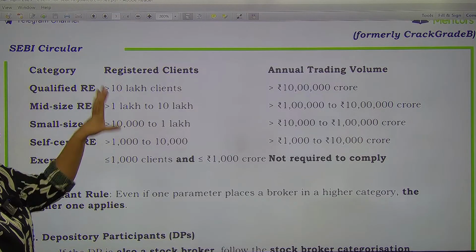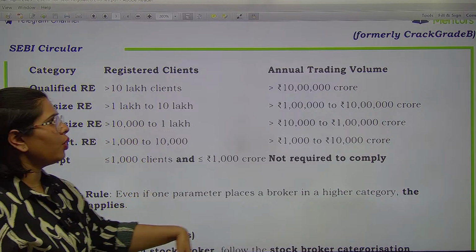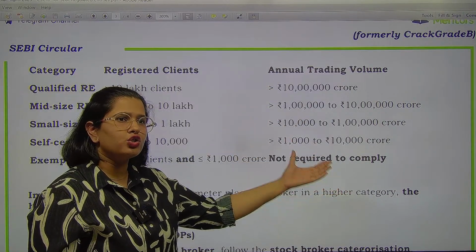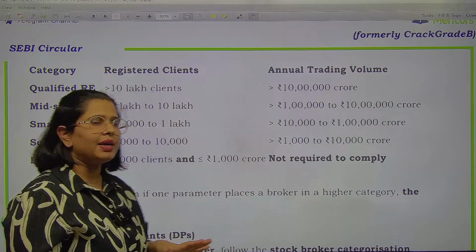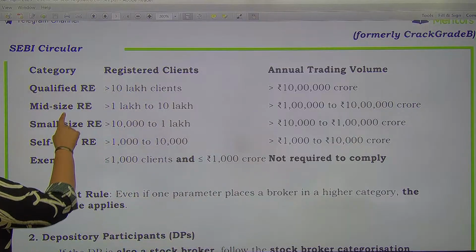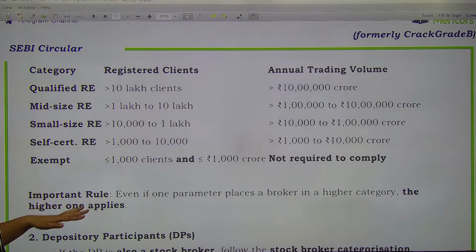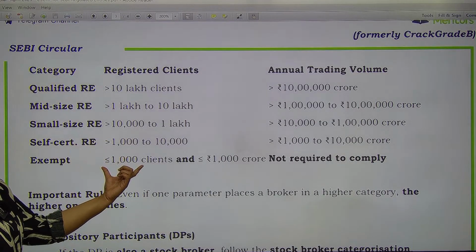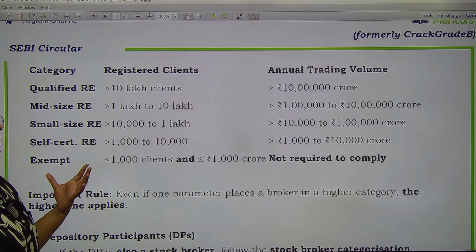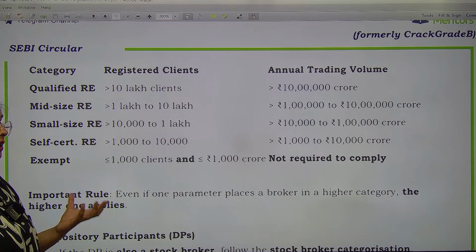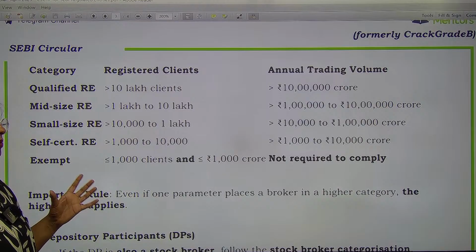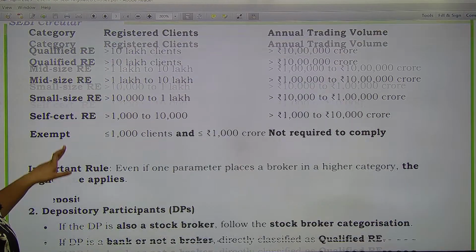Iska matlab, we'll see the registered clients also, we'll see annual trading volume also. On the basis of both these parameters, whatever would be the higher step in regulation, that would be applicable. That is written over here. Brokers with less than 1,000 clients and less than 1,000 crore turnover, their trading volume, are not required to comply with these directions.